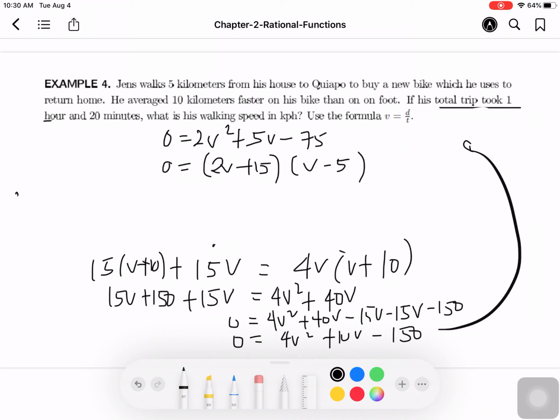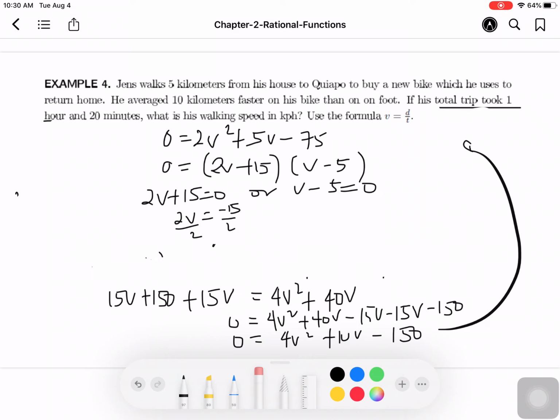Okay, so therefore 2V plus 15 is 0 or V minus 5 is 0. So computing for V, 2V equals negative 15, then divide by 2. This will become V equals negative 15 over 2.